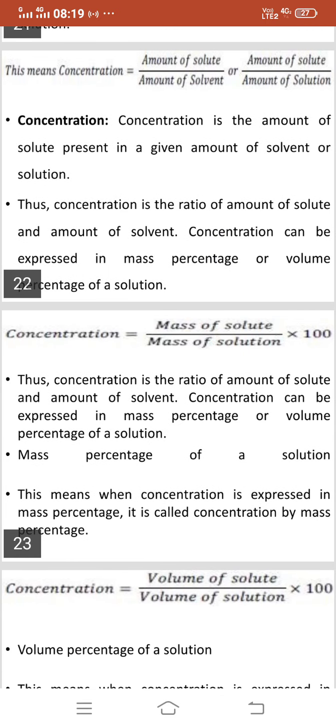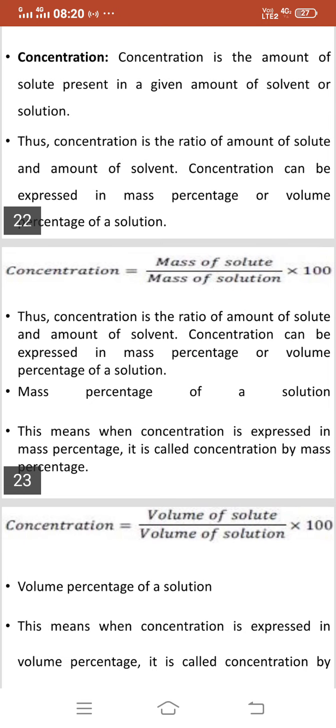Thus, concentration is the ratio of amount of solute and amount of solvent. Concentration can be expressed in mass percentage or volume percentage of a solution.